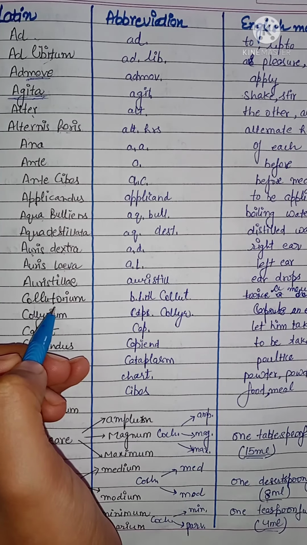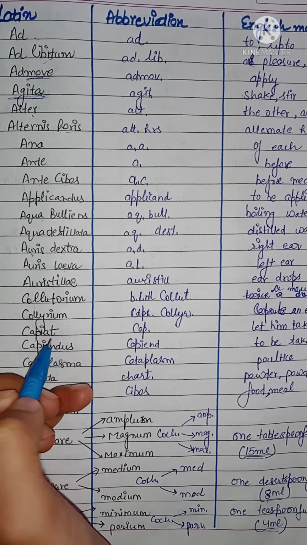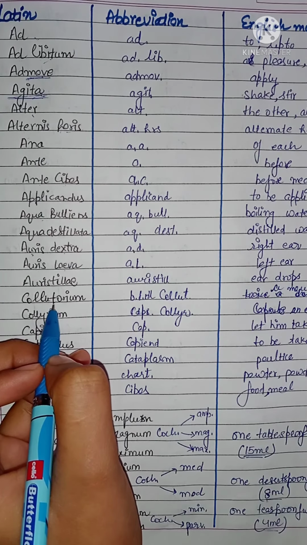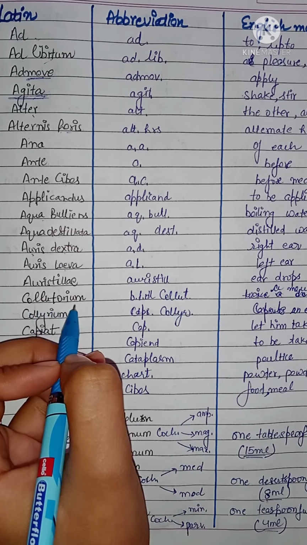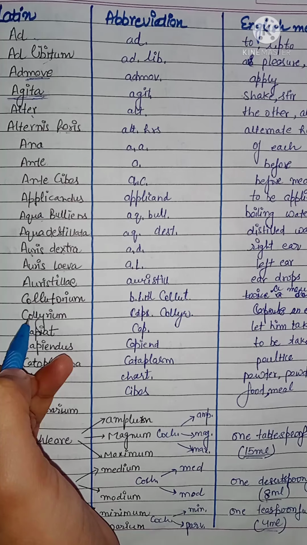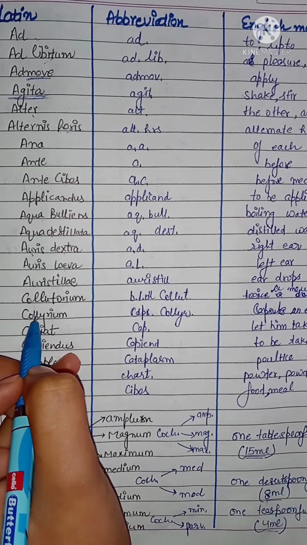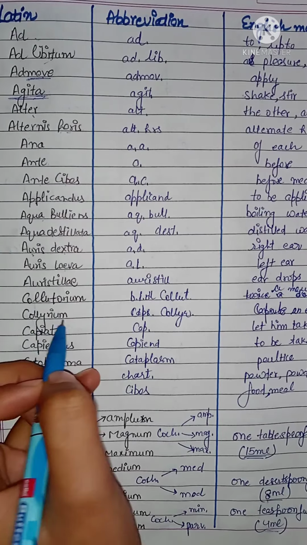Collutorium means a mouthwash, and collyrium means an eye wash. In the case when a person is suffering from a mouth ulcer, collutorium is most commonly used, and when a person is suffering from eye infections, then an eye wash is most commonly prescribed to the patient. It means collyrium.